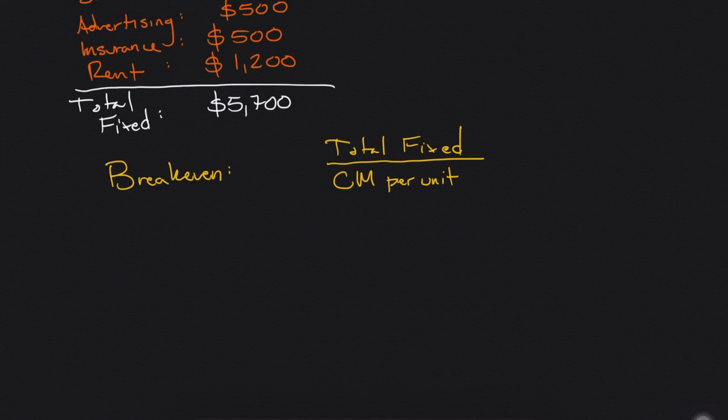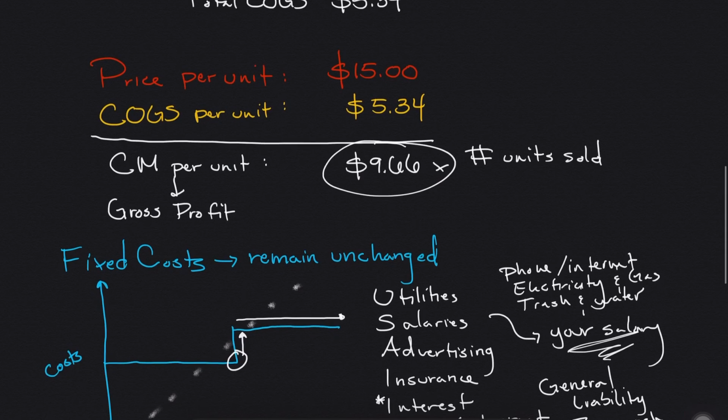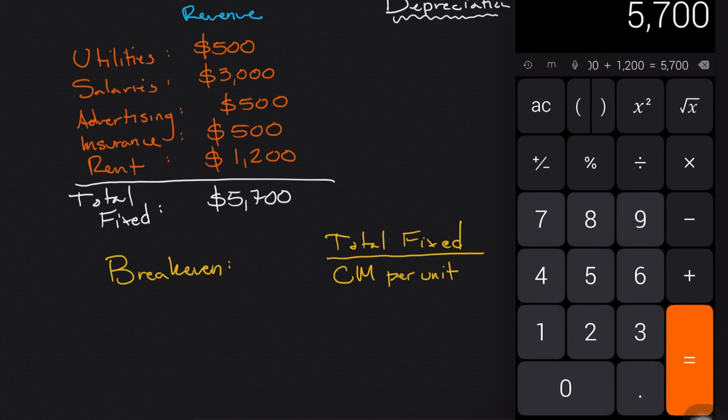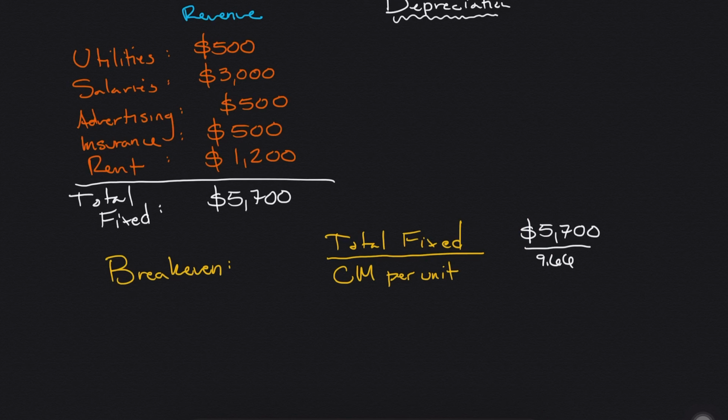Our total fixed expenses, we know, are $5,700. Now our contribution margin per unit, I'm going to have to scroll up because I don't remember. That's $9.66. So 5,700 divided by $9.66 is 590 units, give or take.